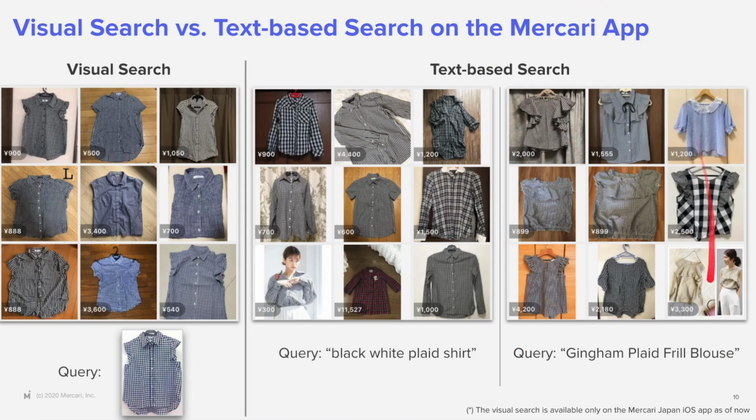The results look visually similar, but no colors, no buttons, so we may not be satisfied with the result. As for the visual search, these results are definitely better than the text-based search results, with color, buttons, similar texture, similar sleeve length.